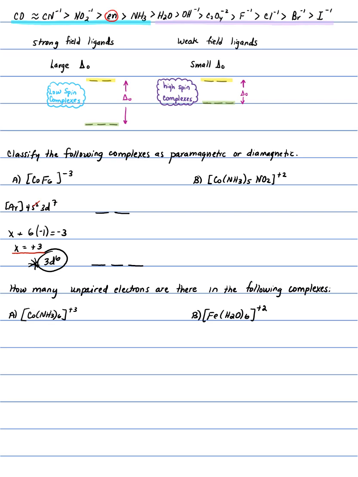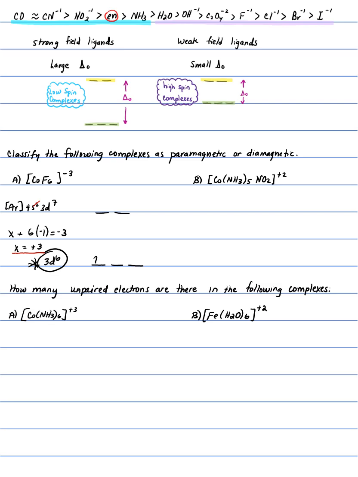So when you have weak field ligand, those are going to give you high spin complexes. So we have 6 electrons in the d orbitals. We have to place all of those 6 electrons in the 5 orbitals that we have available, always starting on the bottom part. So I'm going to start 1 electron at a time.